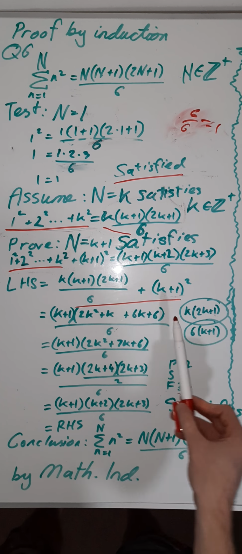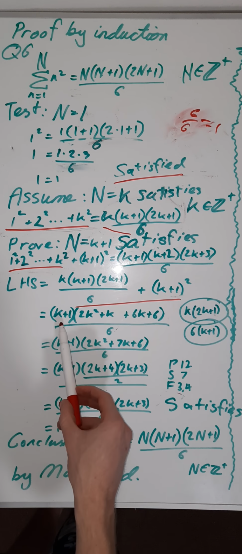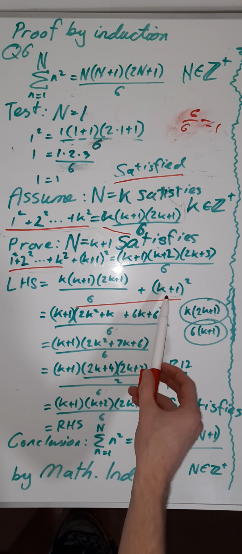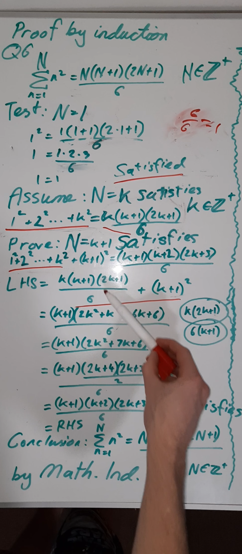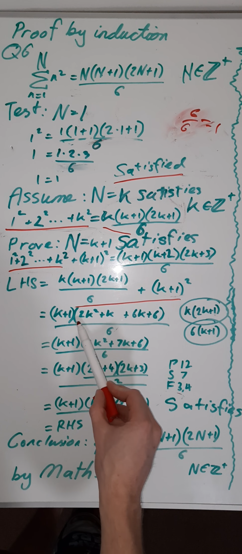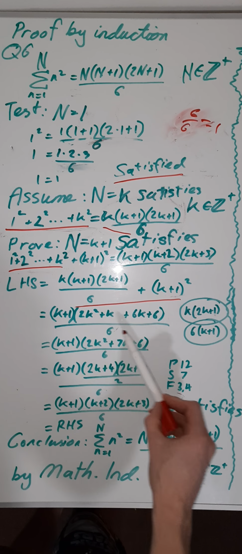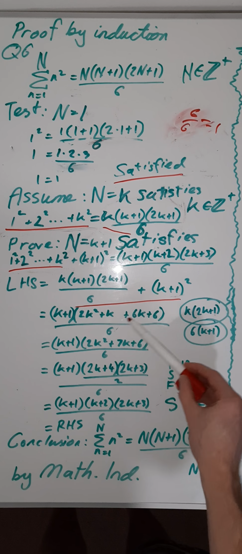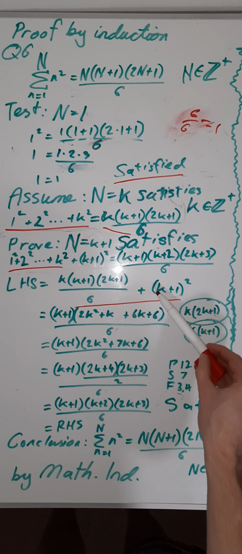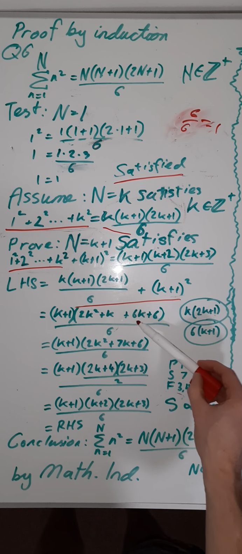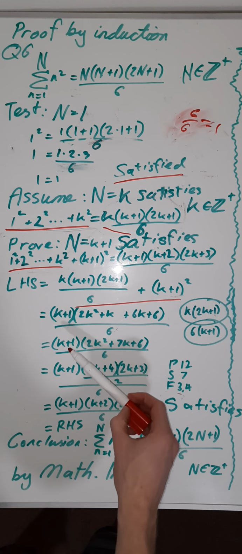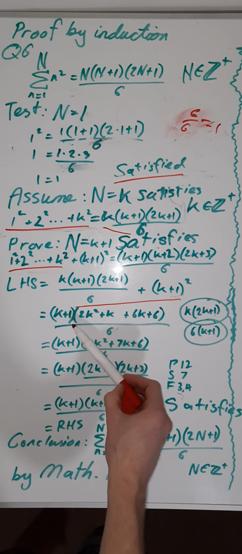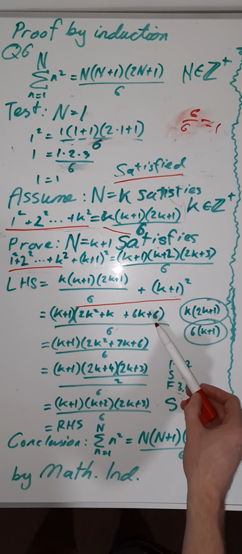Now what we can do is pull k plus 1 out of here and here. We can put this k into these brackets, giving us 2k squared plus k. And then to give the same denominator, times this k plus 1 left over, all over 6. So we have it all over the same denominator, and we have a k plus 1 factor out front and a quadratic left over.